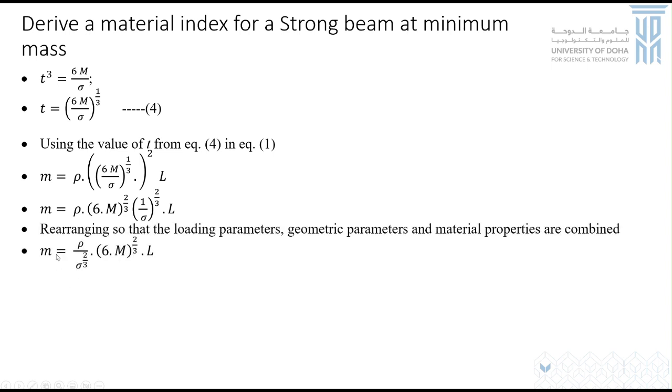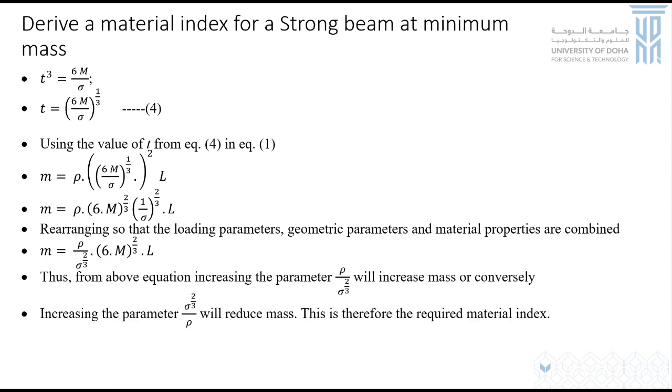Now you can replace this sigma yield by sigma flexural if you want to be more precise, but sigma yield can also be used in this case. So now you see your material index that you minimize to minimize mass is density divided by sigma yield raised to power 2 by 3. And if you write it in a maximization format, it will be sigma raised to power 2/3 over density.